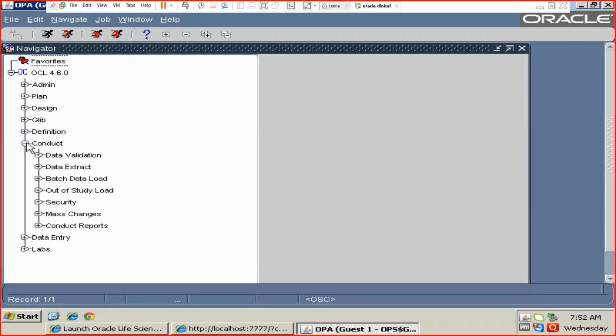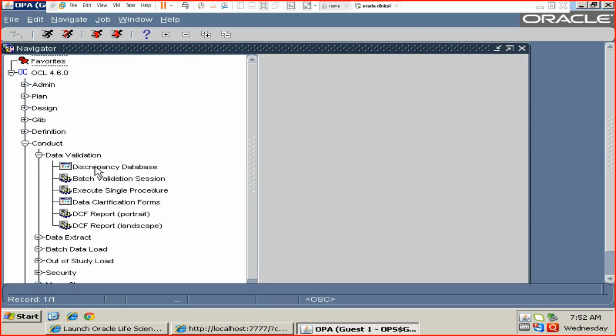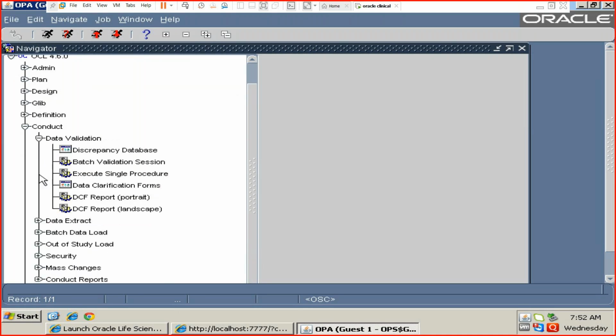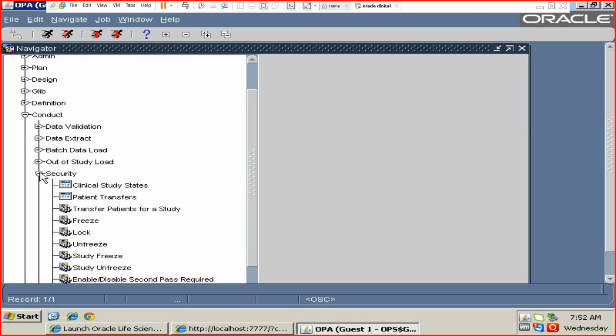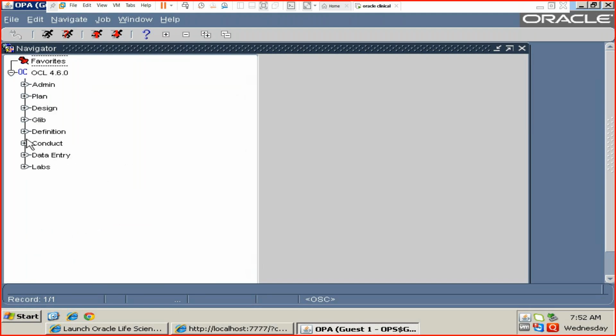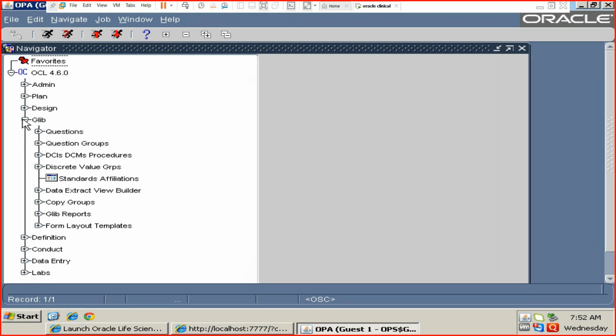In the conduct, we have validations, discrepancy, data extraction into SAS data sets, lock and freeze, security. And we create the CRFs, case report forms. Generally, to collect the data into the database, you must have electronic CRFs. So those CRFs also will be designed here. The study and the CRF both will be designed here in the database.